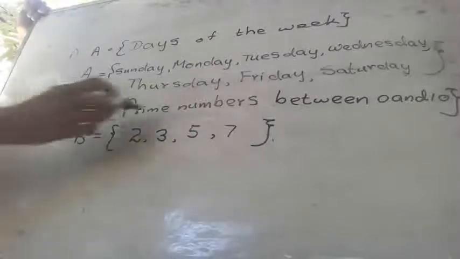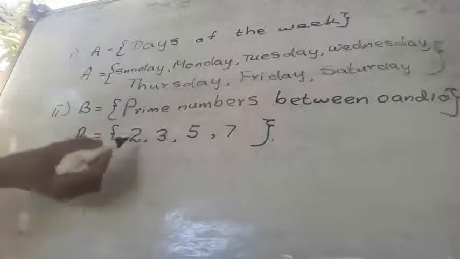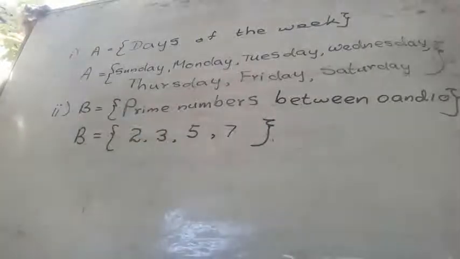Then prime numbers between 0 and 10: only 4 elements. 2, 3, 5 and 7.